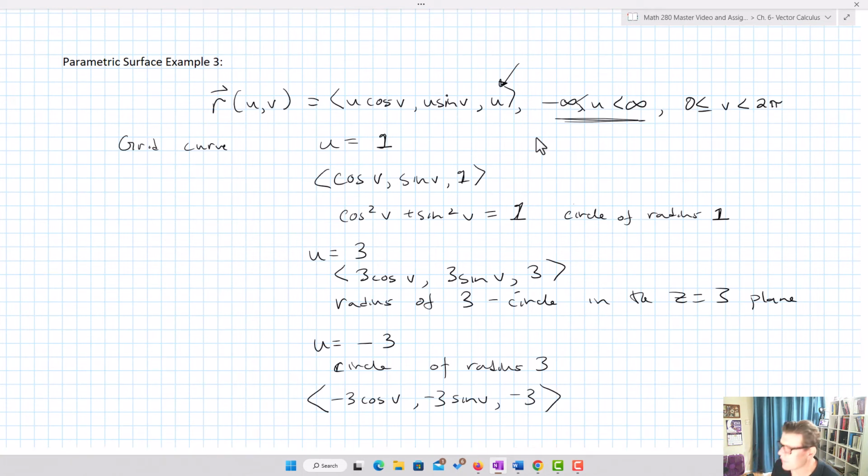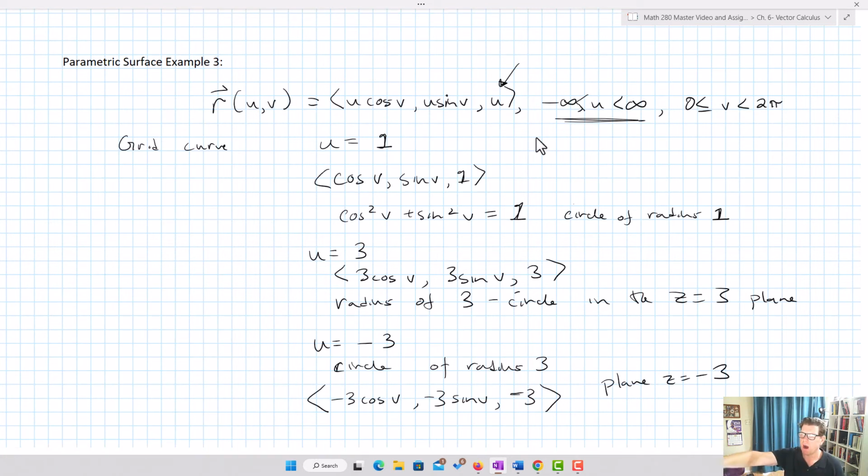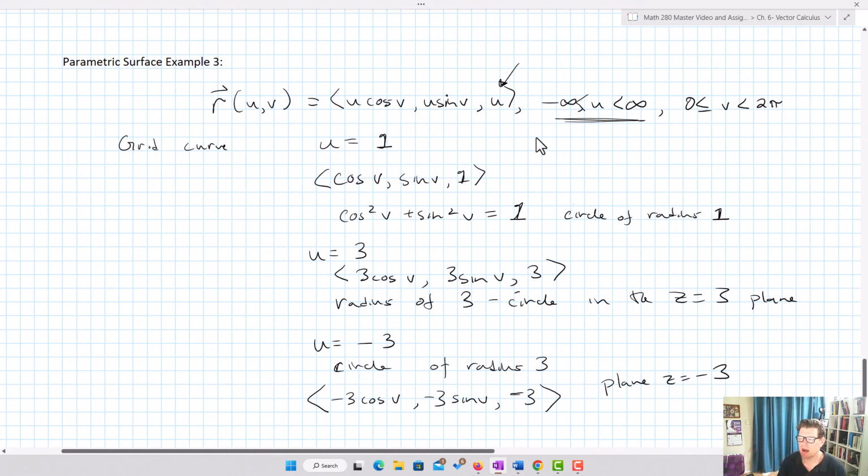The big thing here from the perspective of our parametric surface is that this is in the plane z equals negative 3. So now we're below the xy plane, but we've got a circle of the same size. It happens to be circling in the opposite direction, but it's exactly the same size.